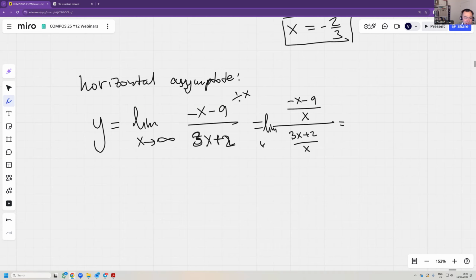The limit as x tends to infinity of minus 1 minus 9 over x.